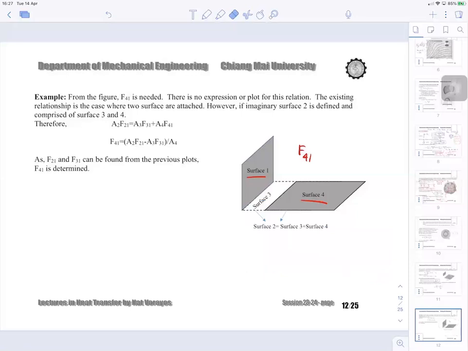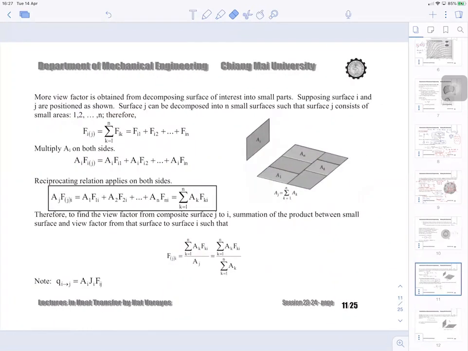Well, we're going to use what's called view factor algebra. It is the case when we have the view factor from multiple surfaces, a composite surface.